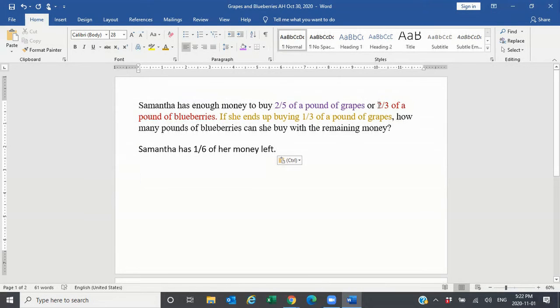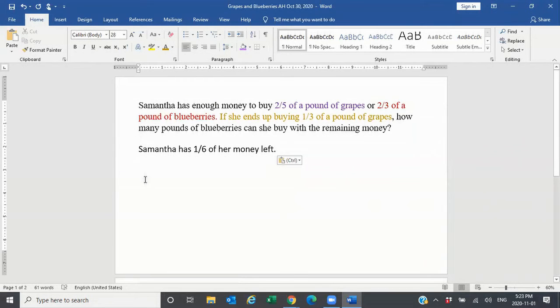So now for the red part. It said before that she had enough money to buy 2/5 of a pound of grapes or 2/3 of a pound of blueberries. If she could buy 2/3 of a pound of blueberries with her money and she has 1/6 of her money left, that really means she could buy 1/6 of what she could buy before for blueberries.